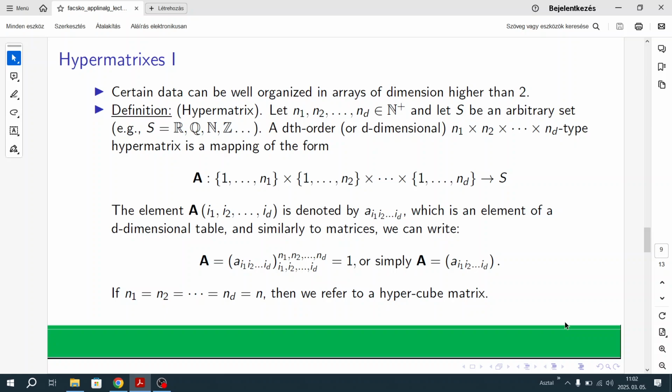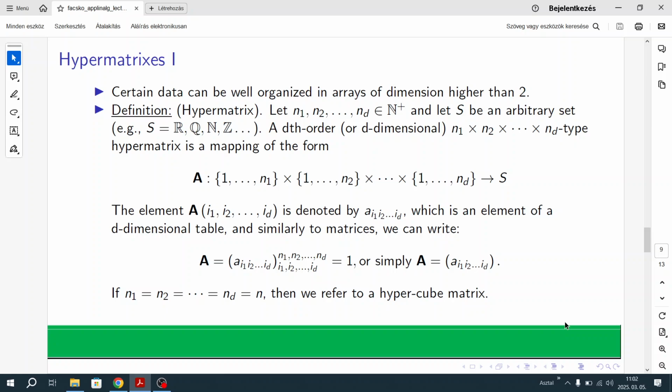Hypermatrices: I just gave an example of when you can use these hypermatrices. These are not block matrices, these are something different. First of all, this definition is for multidimensional space.